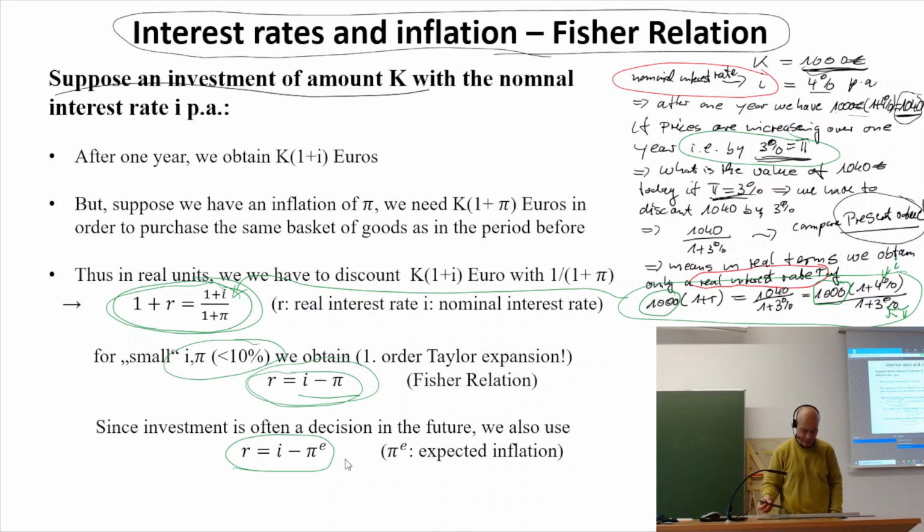This is what we in general find as the Fisher equation, and it is called the Fisher equation because he was a famous economist in the beginning of the 20th century, and he was talking very much about these dependencies. Of course, these dependencies were known before, but he put this dependence into science.